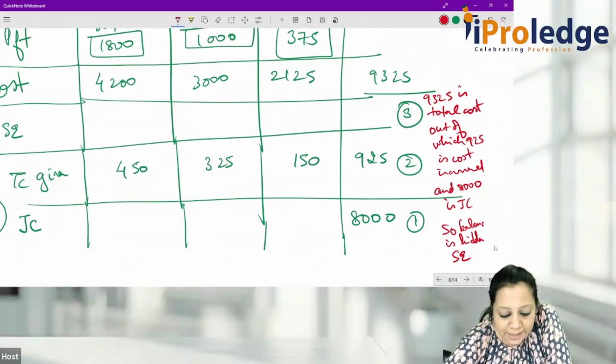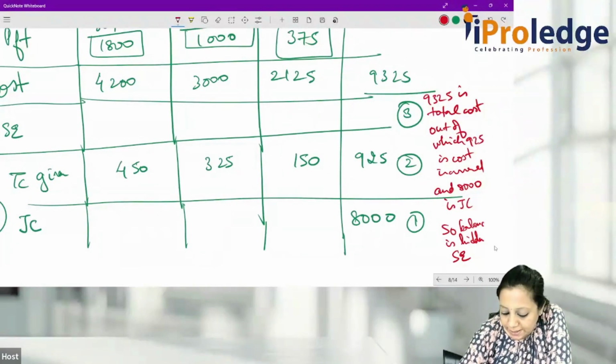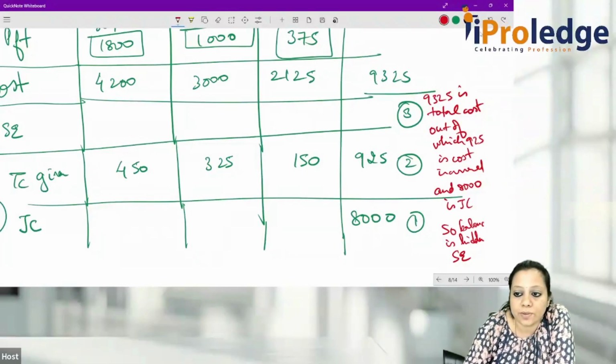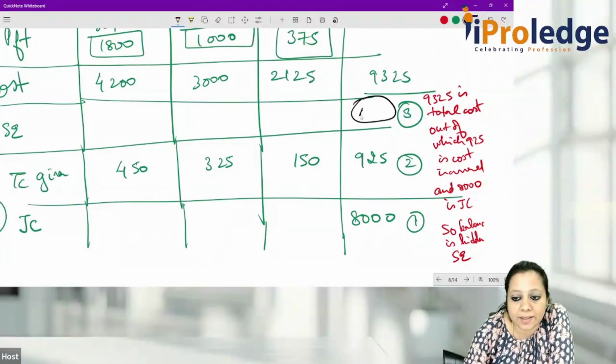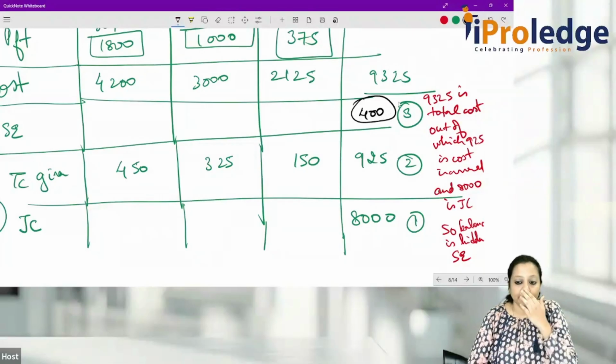So balance is hidden selling expenses. So let us find that out: 9,325 minus 925 minus 8,000 is 400. So this is a balancing figure, that is 400.